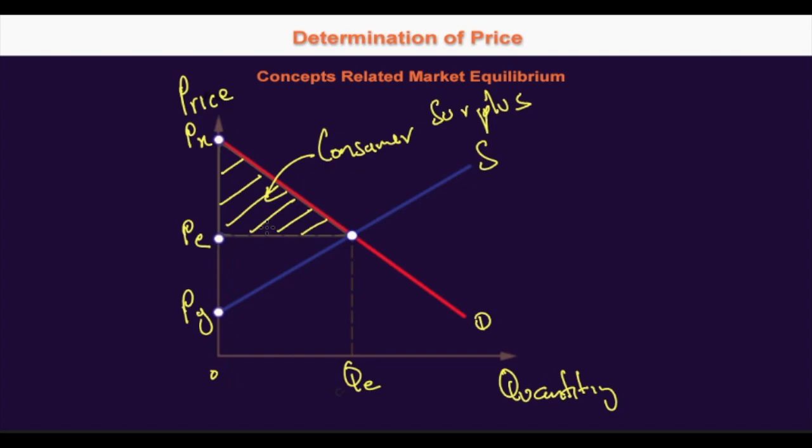Now, what is a producer surplus? The producers are prepared to supply at this minimum price for this quantity, but actually they are getting the equilibrium price. So whatever is above the minimum price that they are prepared to supply for is the producer surplus.